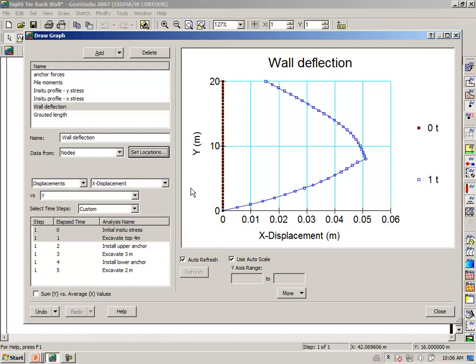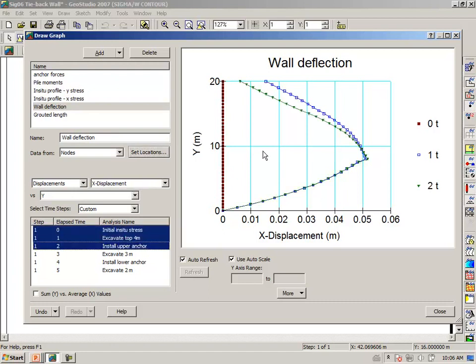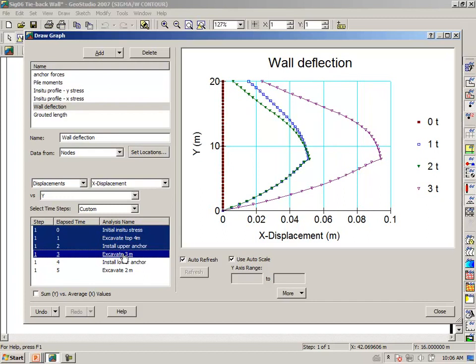But what I want to draw your attention to is when we apply the second analysis, notice how the wall deflection has diminished by pre-stressing the upper anchor. The wall has moved back in due to the pre-stressing of the upper anchor. Then when we hold down the control key and make another excavation, the wall moves way out again, deflects into the excavation, so to speak.